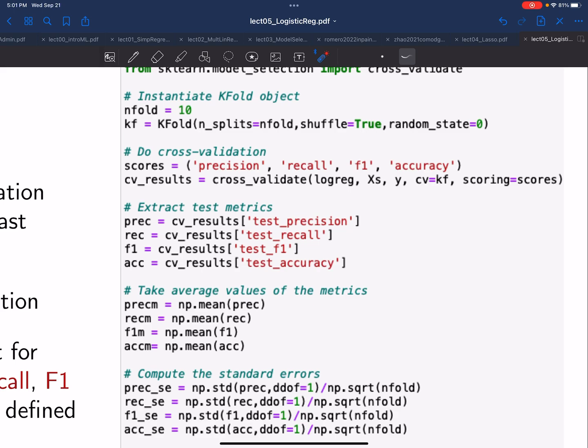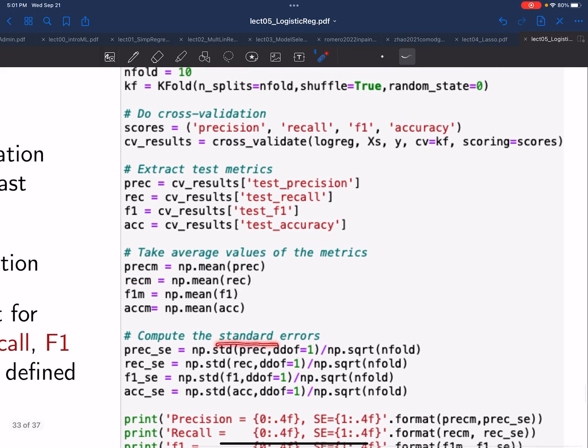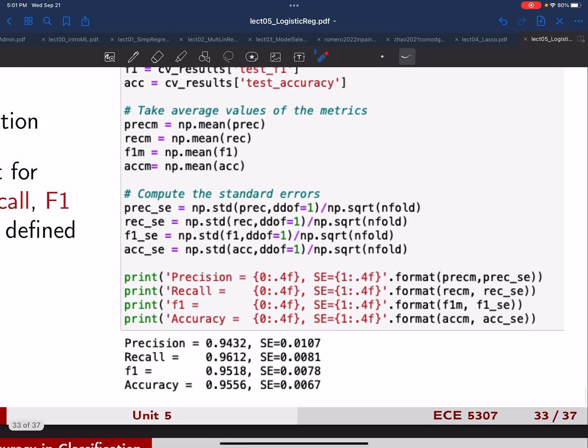And so we need to take the mean to get, like, the mean precision. And we can also compute the standard errors by computing the standard deviation and then dividing by the square root of the number of folds. So we can compute the mean quantities as well as standard errors. And then here we can print them out.